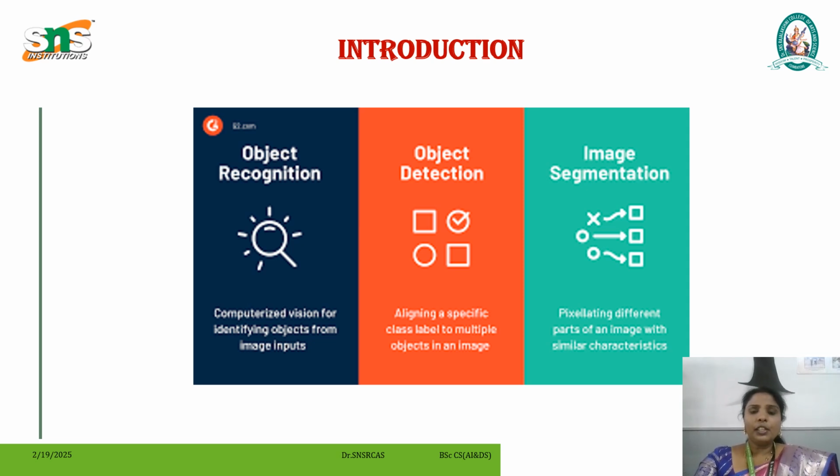The complexity of object recognition arises from the need to account for variation in scale, viewpoint, lighting conditions, and clutter within visual data. Traditional methods relying on handcrafted features and shallow classifiers often struggle to address these challenges effectively.